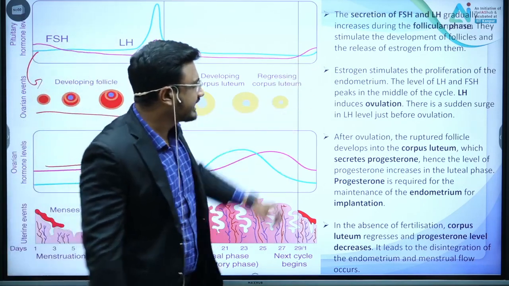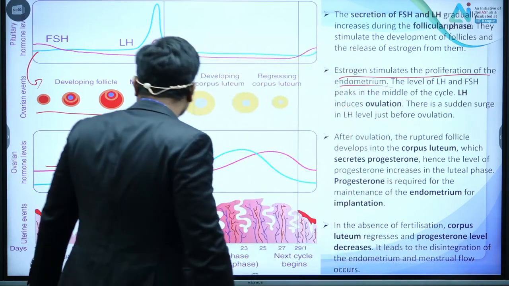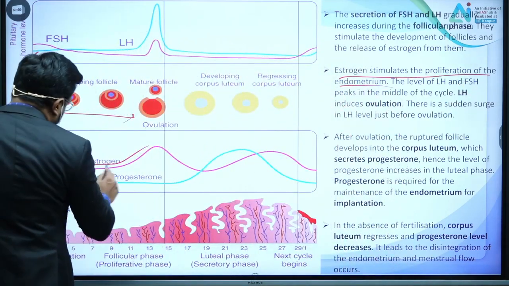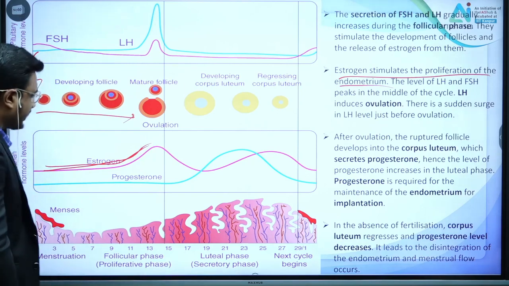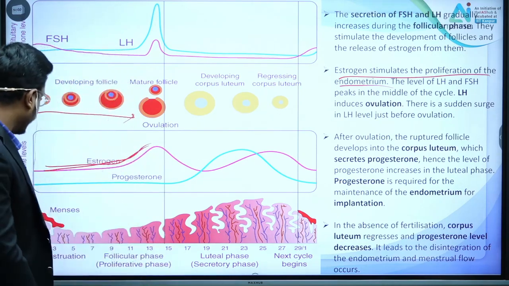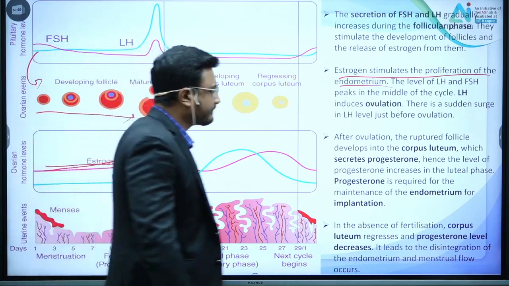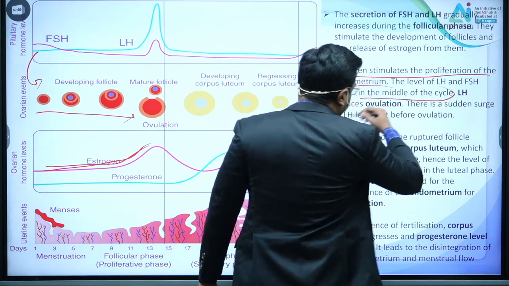Estrogen stimulates the proliferation of the endometrium. Here we can see that as estrogen increases, it stimulates the proliferation of the endometrium. The levels of LH and FSH peak in the middle of the cycle.